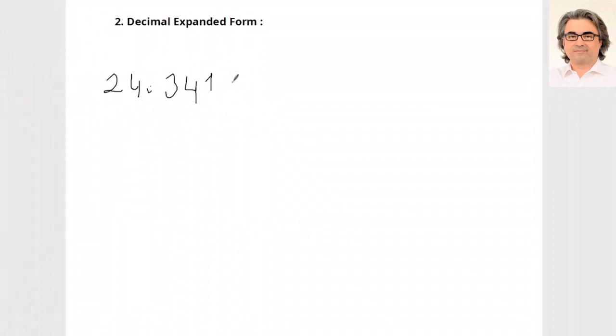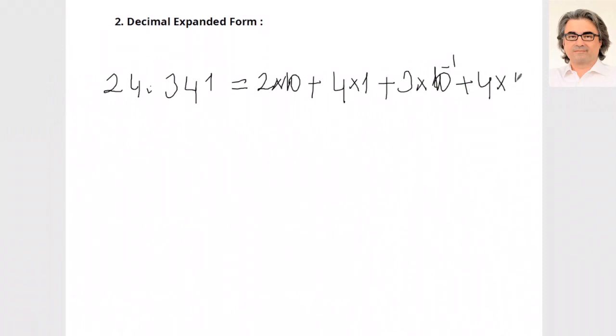In expanded form, let's write it. 2 times 10 plus 4 times 1 plus 3 times 1 over 10. It means 3 times 10 to the power of minus 1 plus 4 times 10 to the power of minus 2, or 1 over 100, and plus 1 times 10 to the power of minus 3, or 1 over 1000.